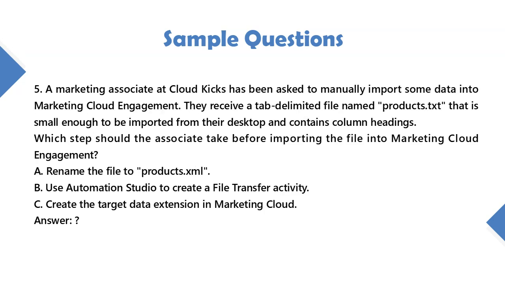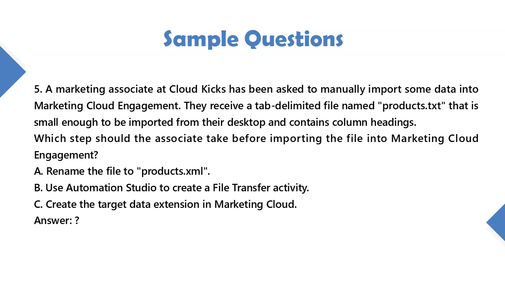5. A marketing associate at CloudKicks has been asked to manually import some data into Marketing Cloud Engagement. They receive a tab-delimited file named products.txt that is small enough to be imported from their desktop and contains column headings.